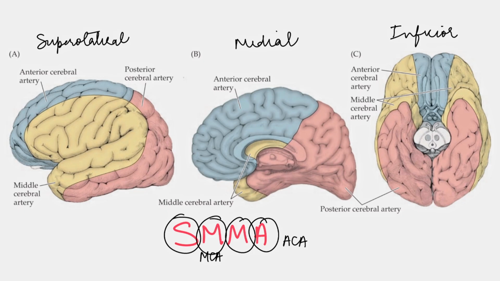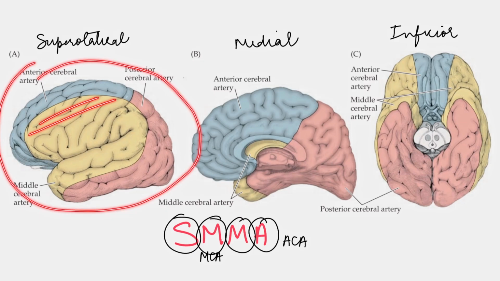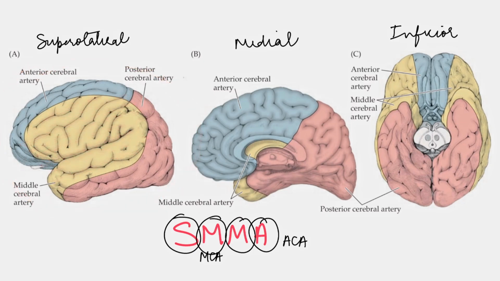So if you see here, this is the superior lateral surface, where the majority of the area is supplied by the MCA. And the medial part of the brain is mainly supplied by the ACA. And the inferior surface will be supplied by the other artery, which is the PCA.